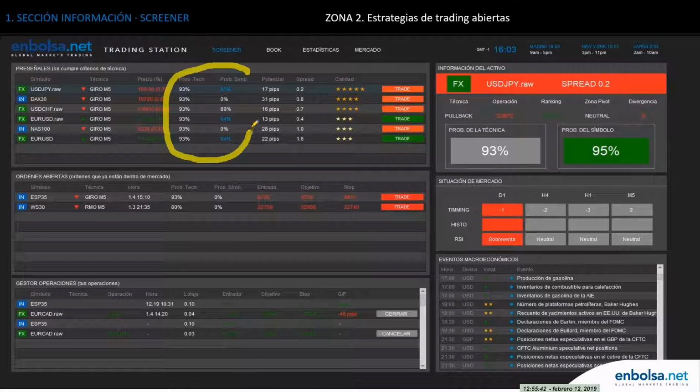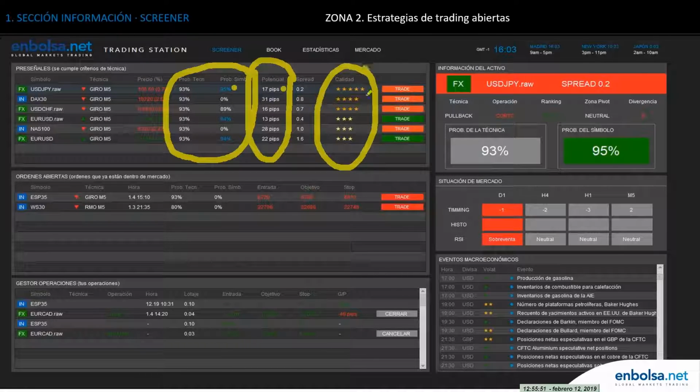We will look for instruments that have high statistics and those with a high potential, so it has a wide range with a good quality. So, probability, potential, and quality will be essential when assessing the strategies we want to trade.